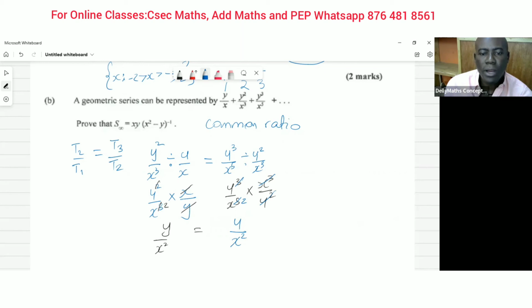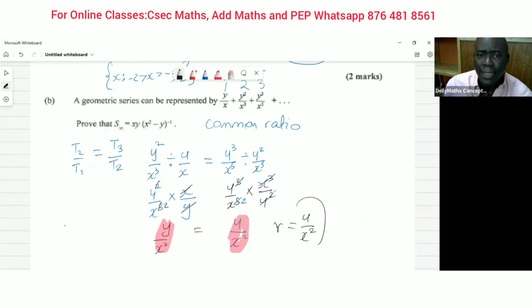We have seen that this is the common ratio, and we proved that we will get the same thing. So my common ratio R is equal to y over x squared. That's the common ratio.